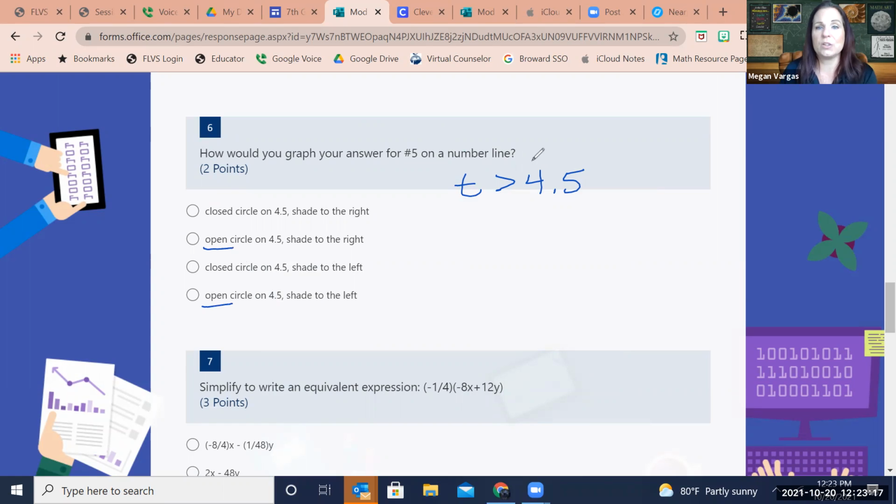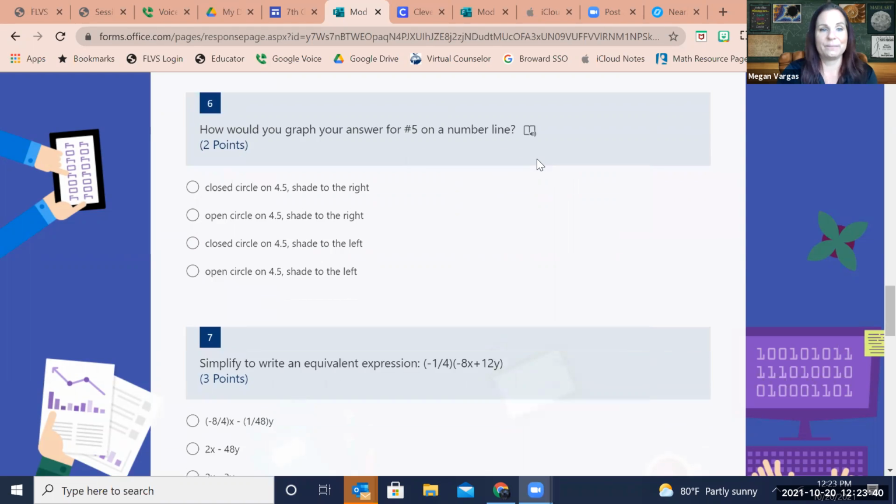Because I'm not including 4.5. It's just bigger than 4.5. It doesn't say equal to. So I want an open circle. And then the numbers that are bigger than 4.5 would be to the right. Right? Open circle on 4.5. I would shade to the right.